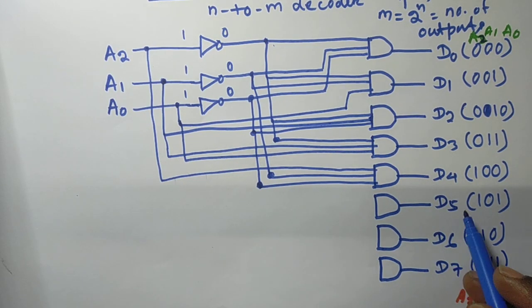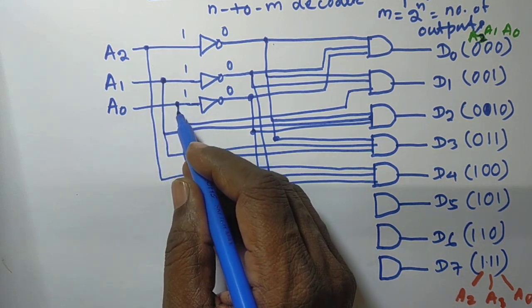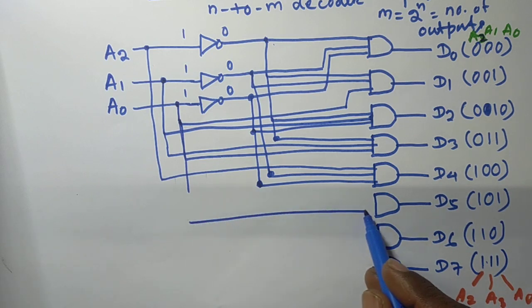Next, D5 is 101. A0 is 1, so you connect this one.